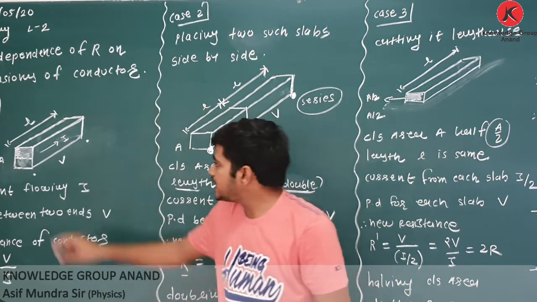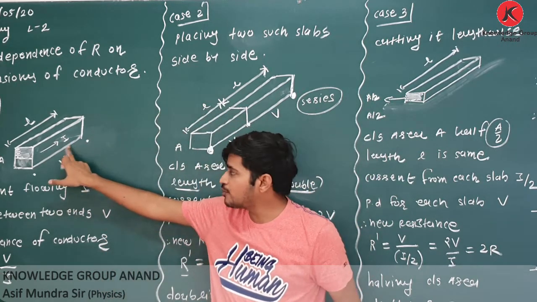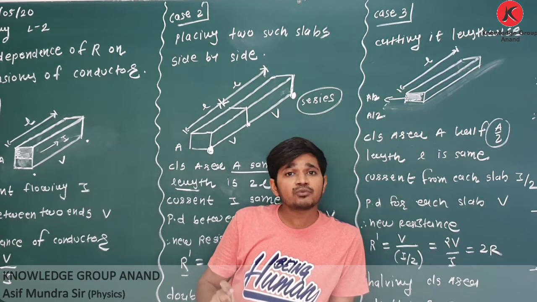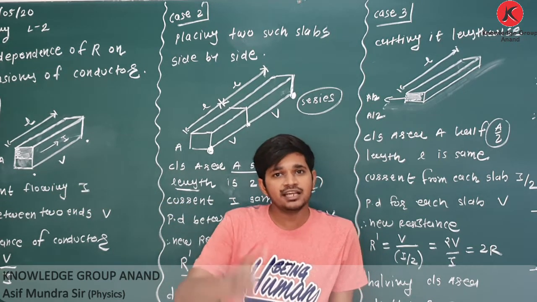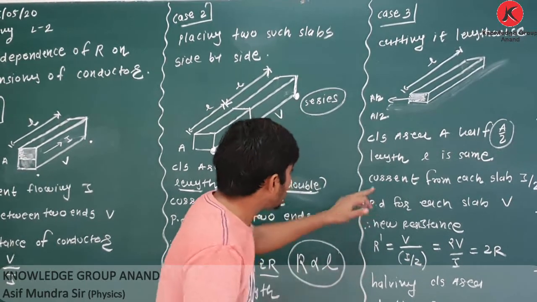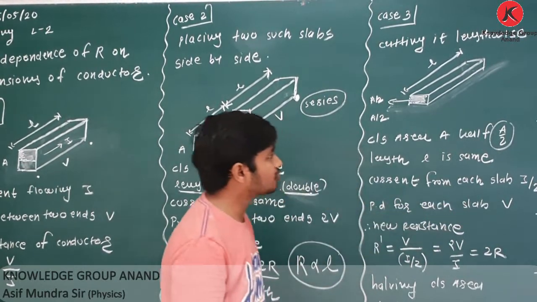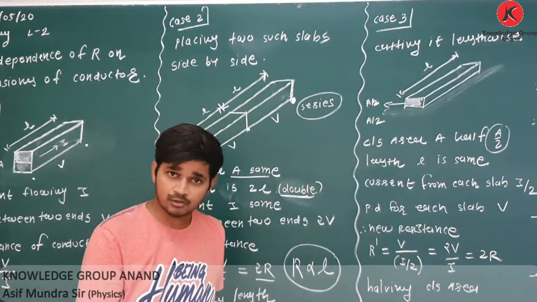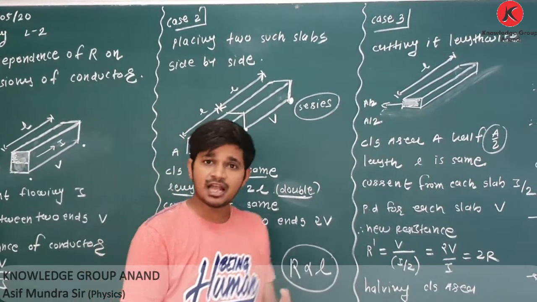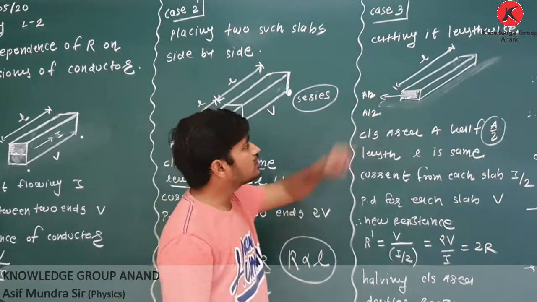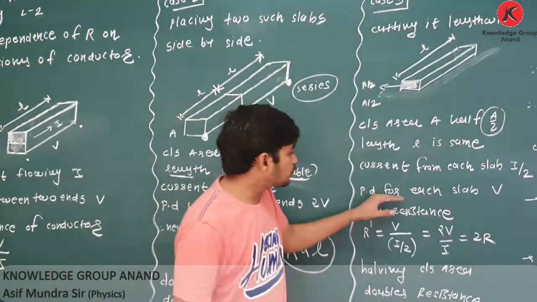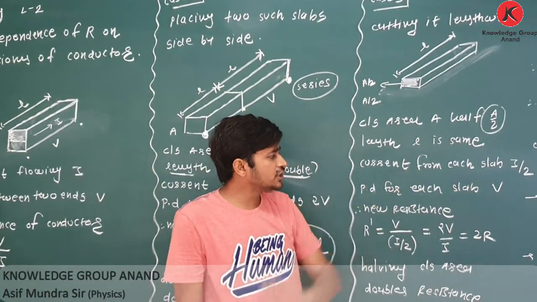Now I is the current flowing through cross-sectional area A. So what is the current flowing through cross-sectional area A by 2? Yes, it is I by 2. So the current through each slab is I by 2. The potential difference for each slab is V. It is nothing but a parallel connection, and in parallel connection the potential difference remains the same.